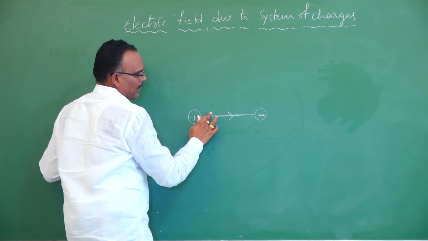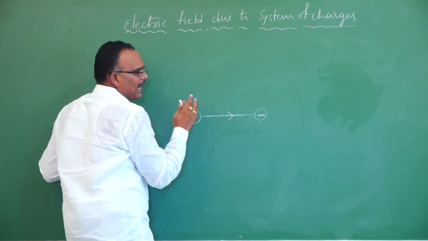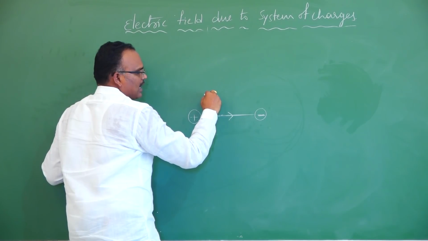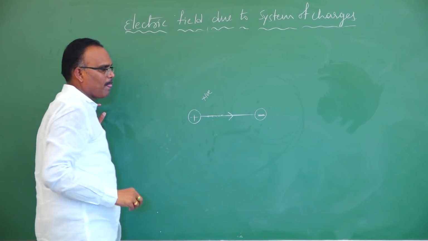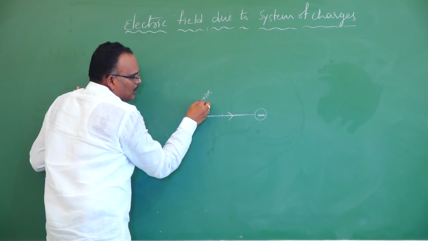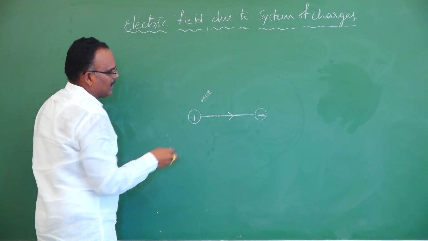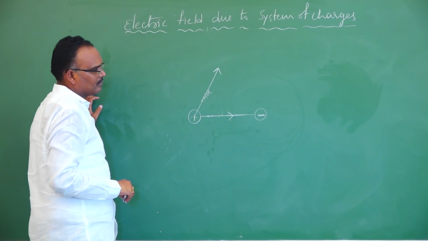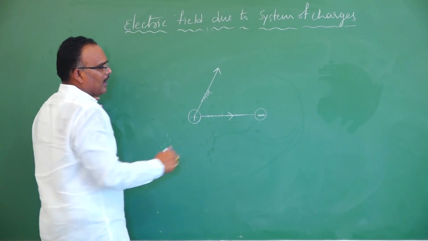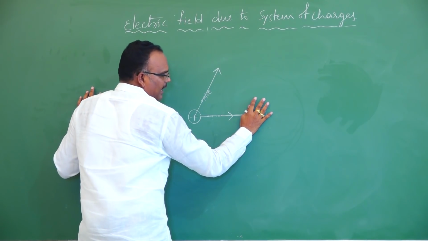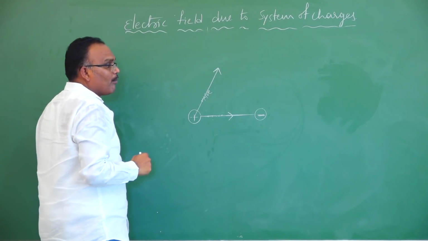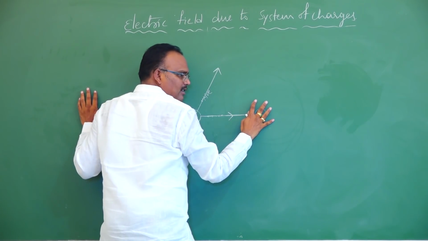For example, if I would like to draw an electric field in this particular region, if I place a unit positive charge here, what will happen? If you place a unit positive charge at this particular point, this positive charge repels it in this direction. If there is no negative charge here, then it will move in this direction up to infinity. But here we have another charge.